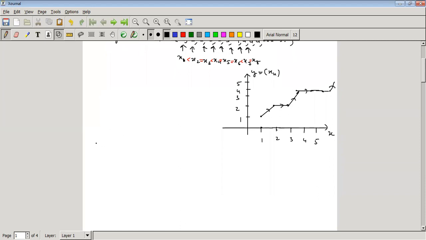Now, strictly monotonically increasing sequence.